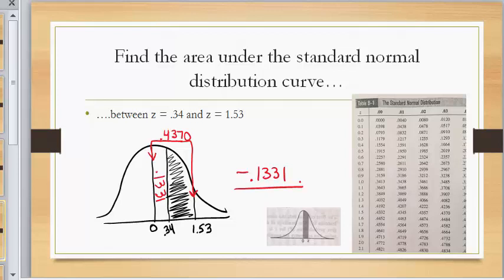So I think it makes sense to subtract that 4370 minus the 1331. Keeping in mind the 4370 is the sum of the two areas, we're going to take the total, take off the one that we don't want, and that should leave us the area of the shaded part. So doing that subtraction gives me 0.3039, and that would be our answer. That would be the area of the shaded region.